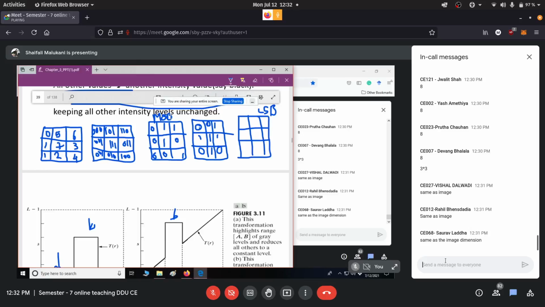So can you tell me what will be the color if I use imshow and I'm storing this bit plane in some variable X? I'm storing the MSB bit plane, which has size 3 cross 3, right?